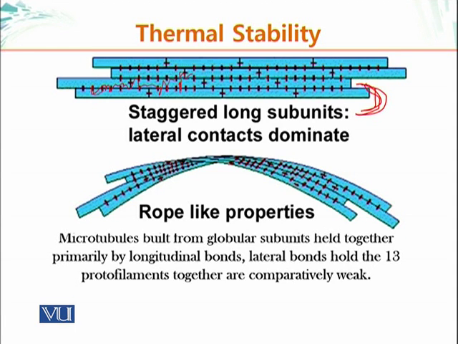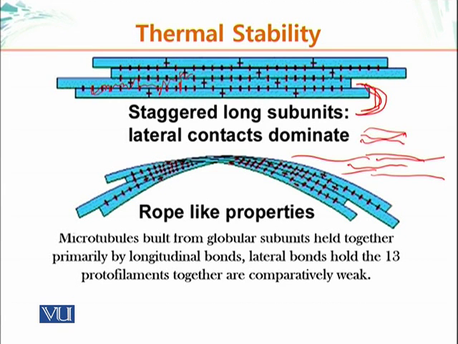Additionally, they are staggered, meaning that not all of them start and end at the same spot. This staggering gives them stability. So there are more bonds holding these monomers together.